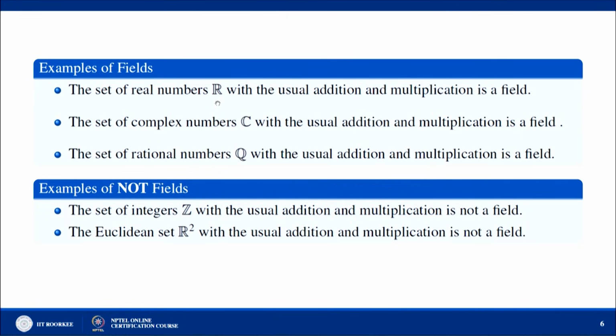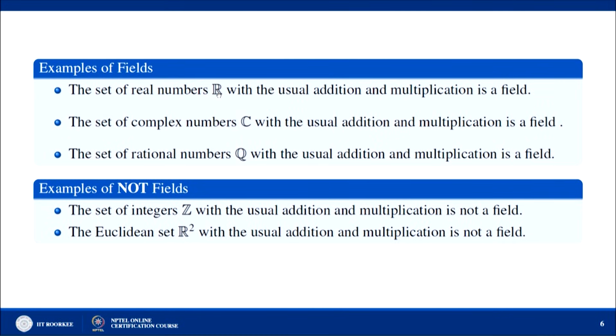Let us see a few examples based on this. Now, you see the set of real numbers. The first binary operation is usual addition and the next binary operation is usual multiplication. Now, usual addition forms an abelian group for the set of real numbers, we have already seen.